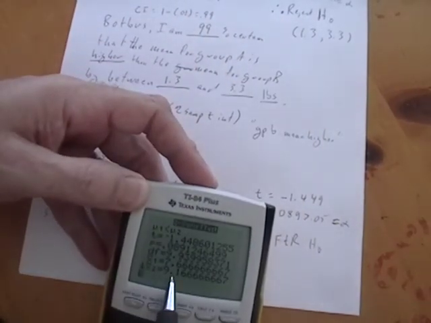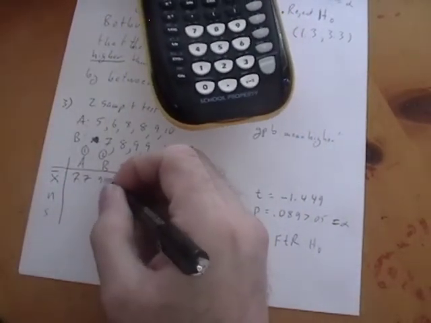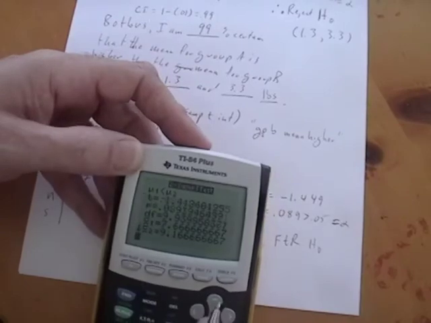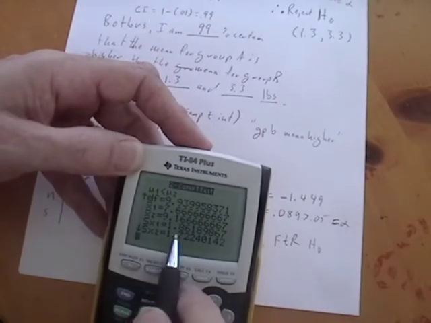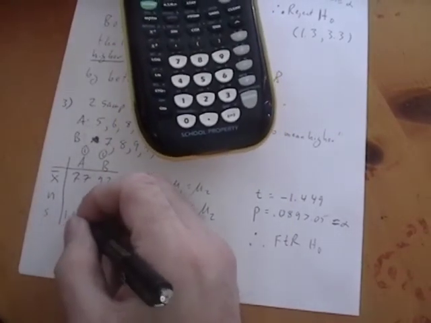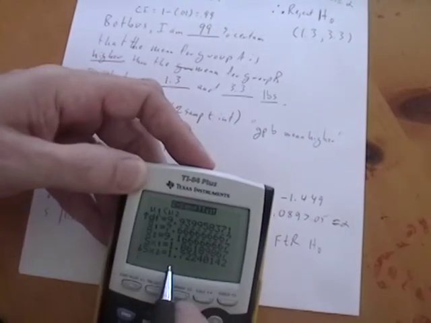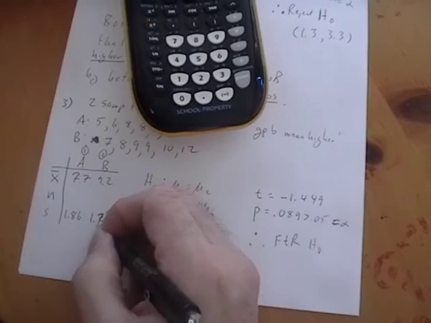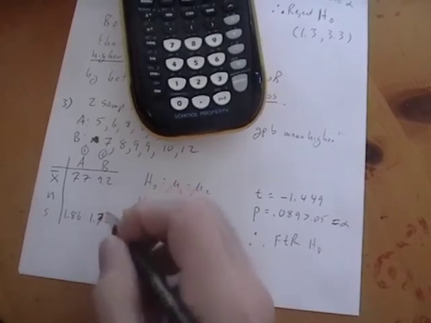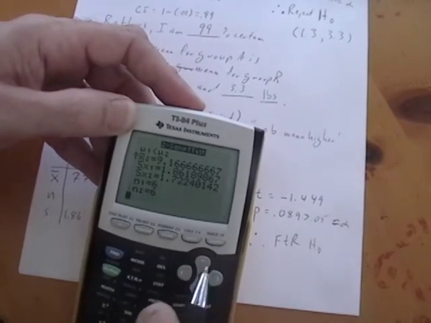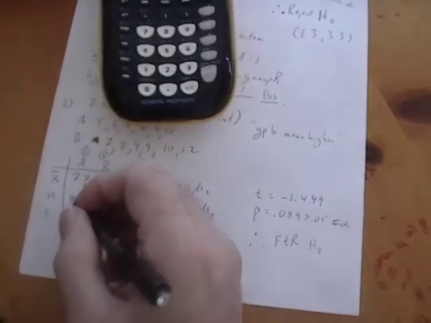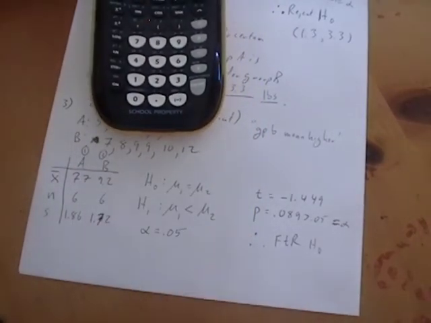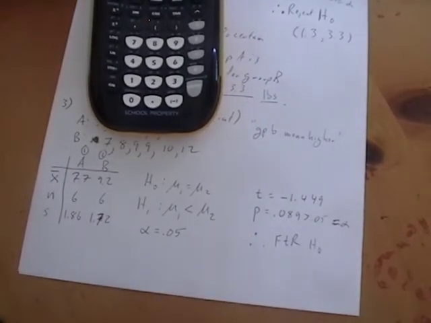It does have x2 bar, that was 9.2. 1.86, 1.72. For the ends, both had 6 individuals in the sample.